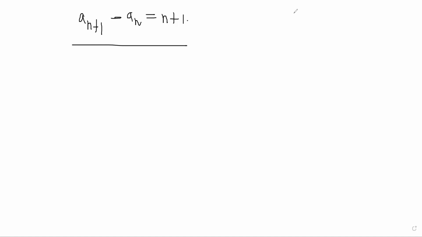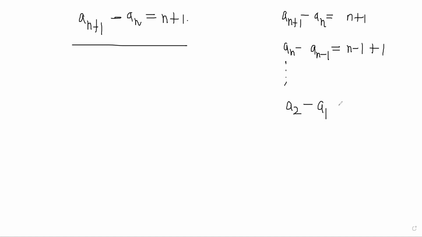You just keep writing all the terms like this. an+1 - an is n+1. an - an-1 is n-1+1, and so on till a2 - a1, which is 4 - 2, so this is actually 2, which can be written as 1+1.